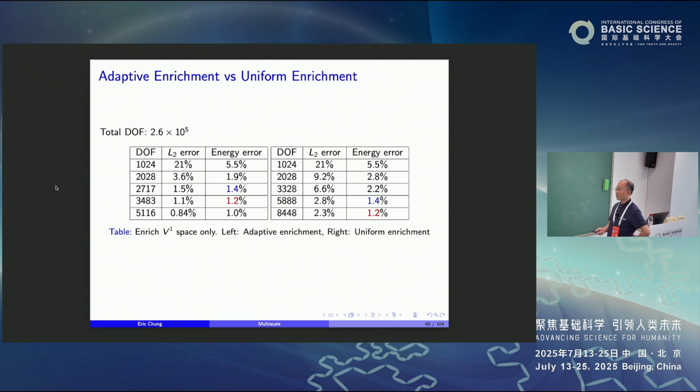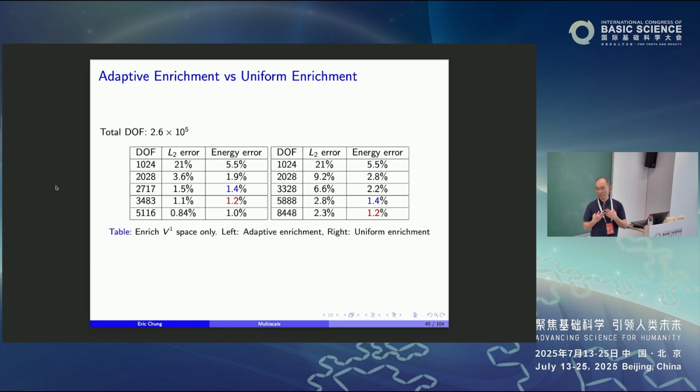And also in this table, we compare two ways. One is the adaptive enrichment, and the other is uniform enrichment. Adaptive means that we only pick some regions with large error, then we add some bases. And here, uniform means that we don't care which part has bigger error.